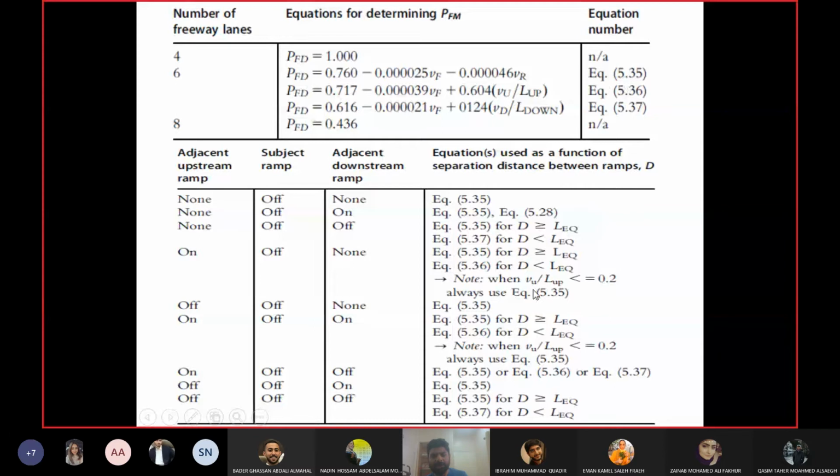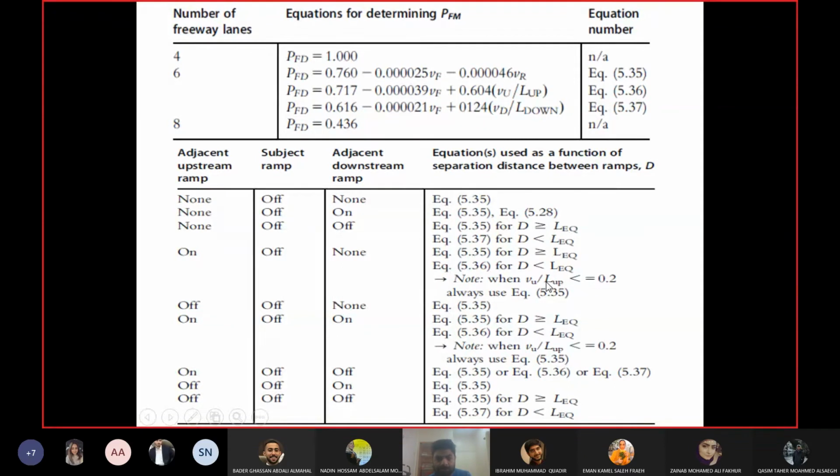So whenever you have a downstream ramp, we are talking about these 2 cases now. Whenever you have a downstream ramp and the flow rate of the ramp upon the distance to the ramp is less than or equal to 0.2, then we will always use equation 5.35. So in these 2 cases, we have to look at this condition.